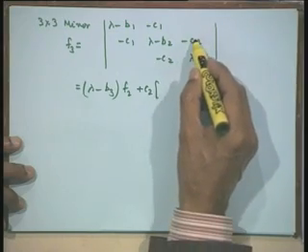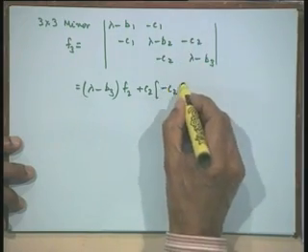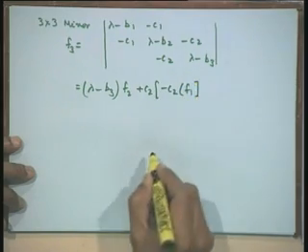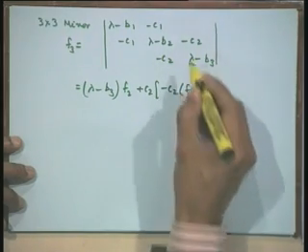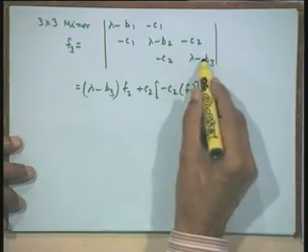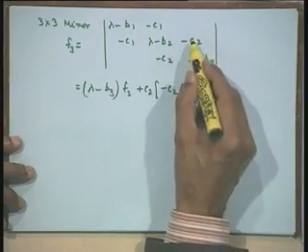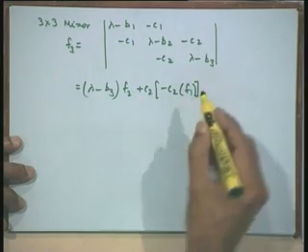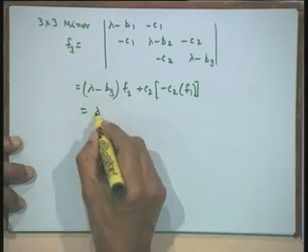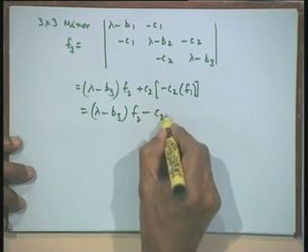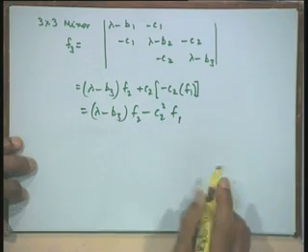So, I will have here minus c 2 into lambda minus b 1, which is F 1. So, this will be lambda minus b 3 F 2 minus c 2 squared F 1.